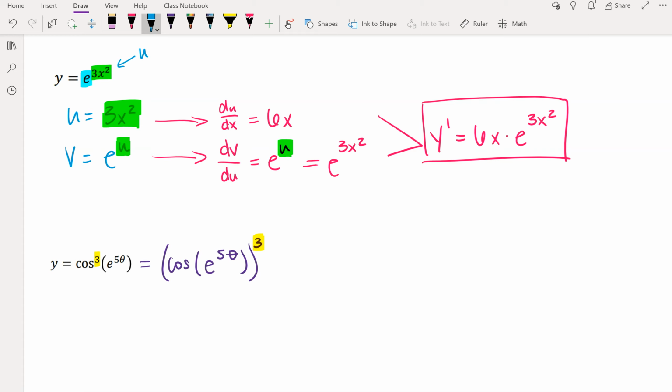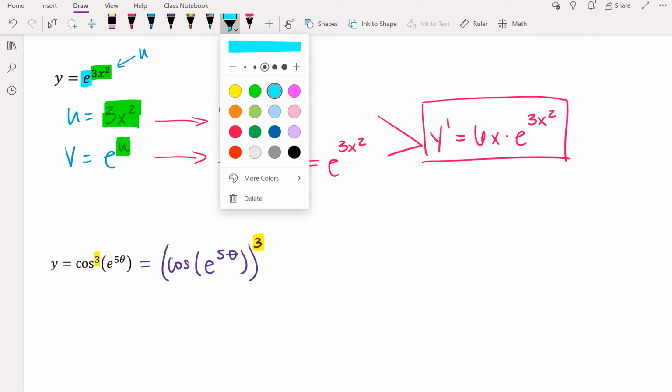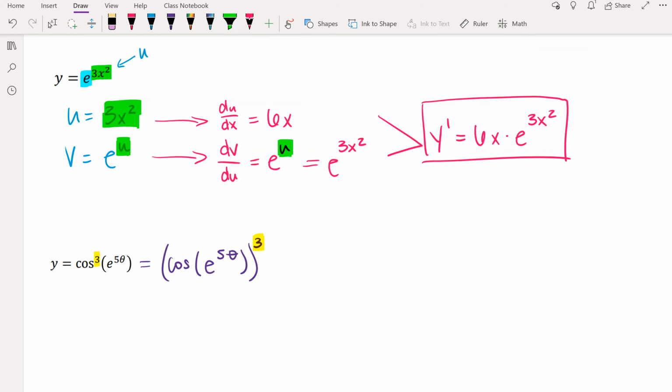Now let's say what our inside function is. The very inside function is going to be the thing on the very most inside of your parentheses. What's on the very most inside? It's actually going to be 5 theta.